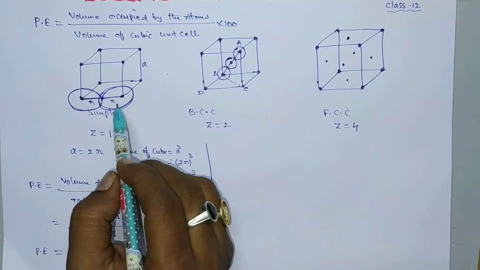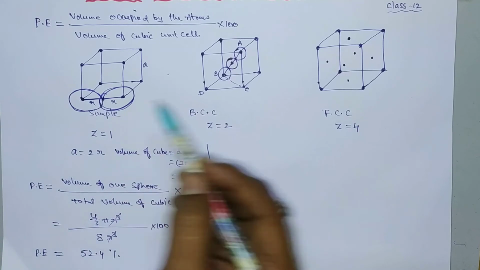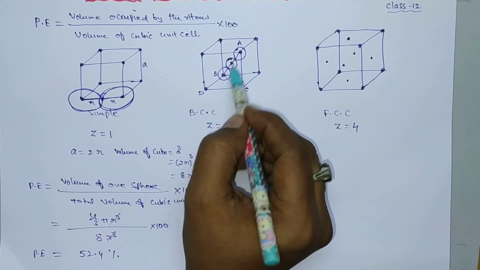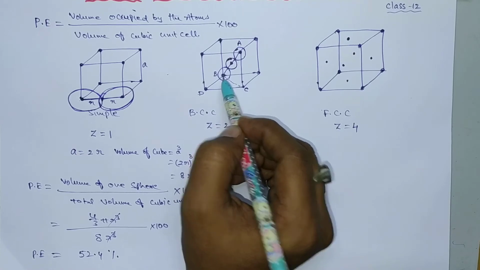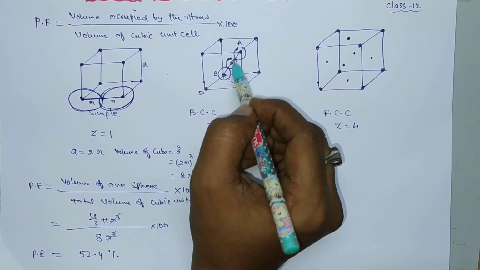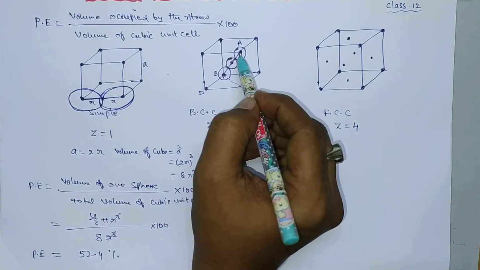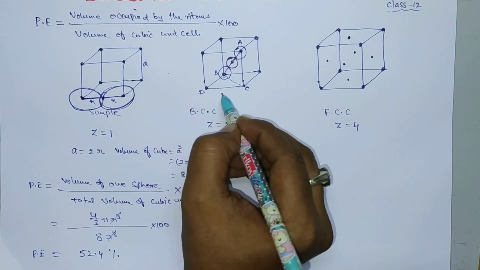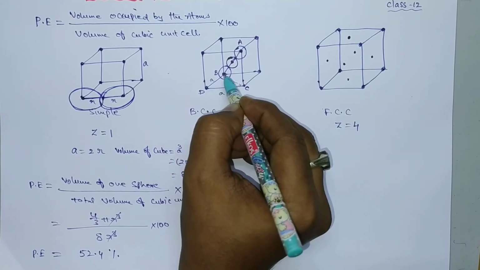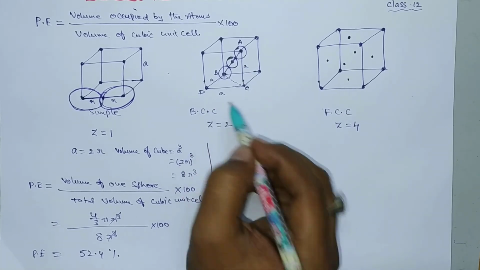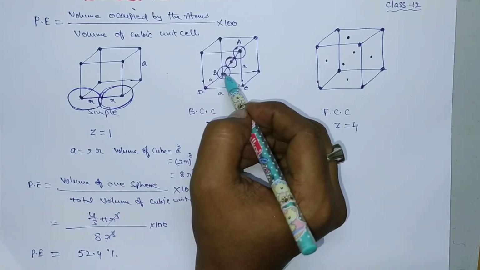Now we have to calculate the value of this distance. If the radius of each sphere is r, then this is 4r. We have to consider this 4r in terms of the edge length A, where each edge has length A.